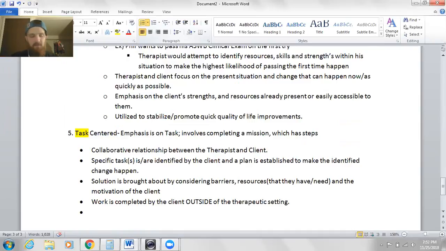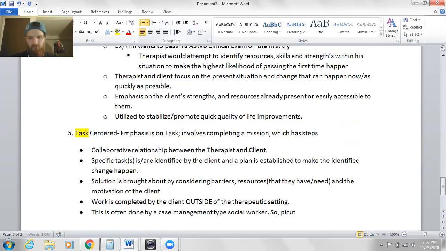And then this is often done by a case management type social worker.